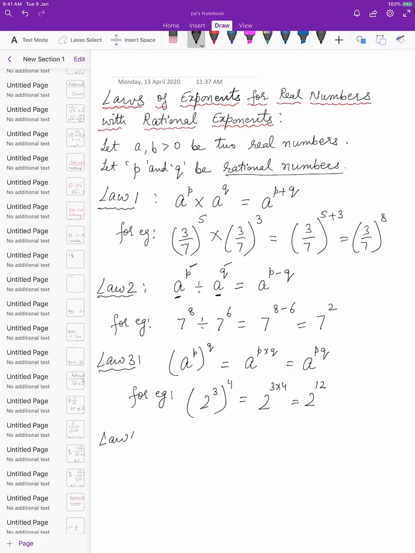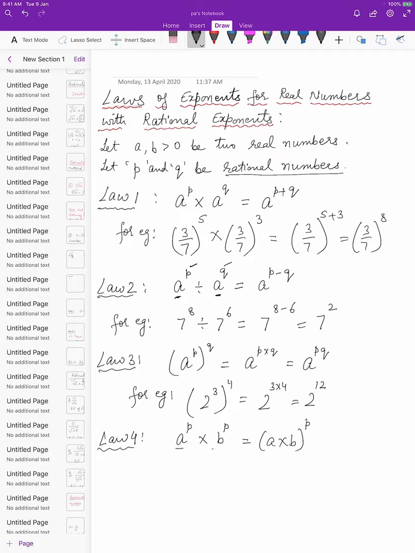Then law 4 says that if the bases are different but the exponents are the same, a raised to the power p into b raised to the power p will give us a into b, raised to the power p.